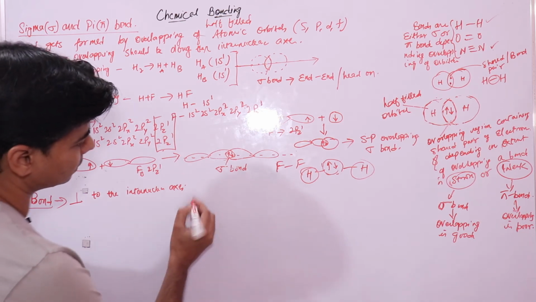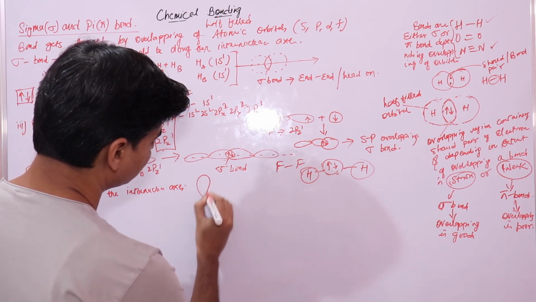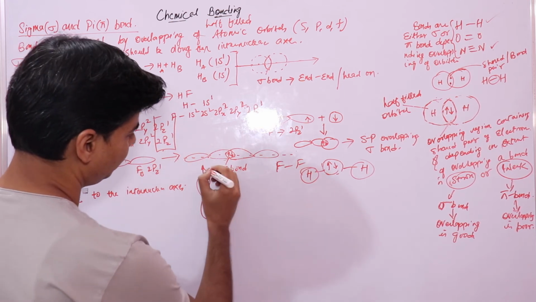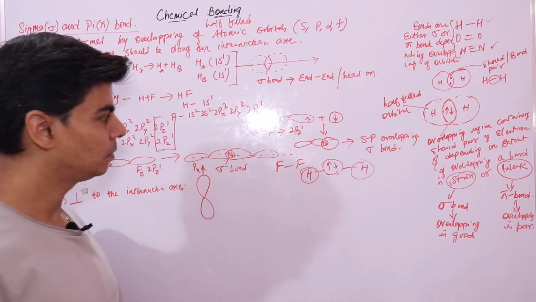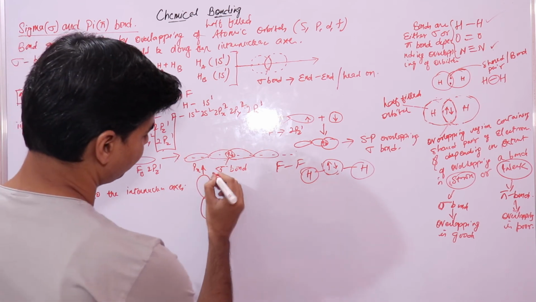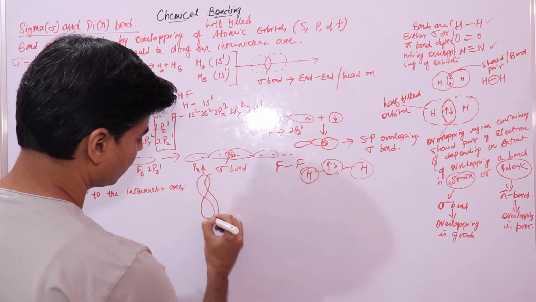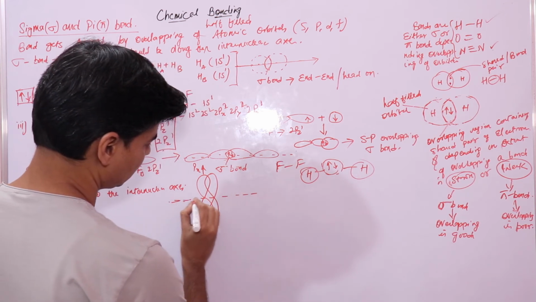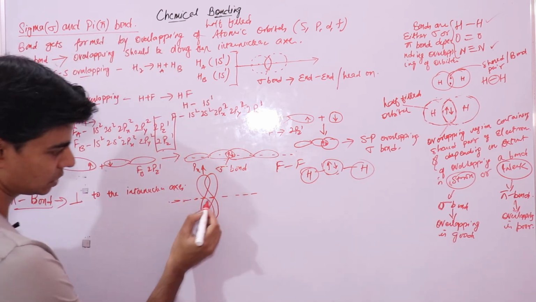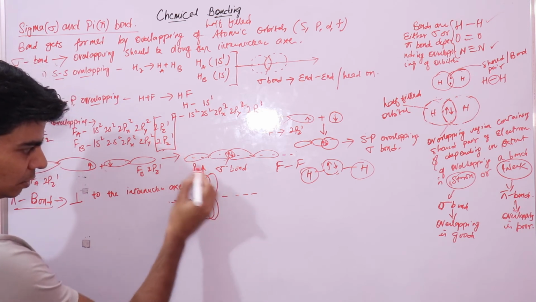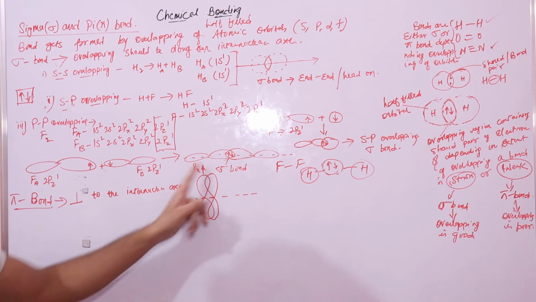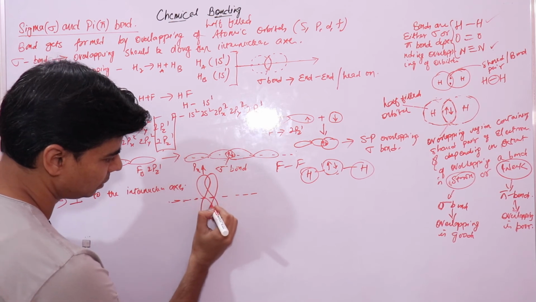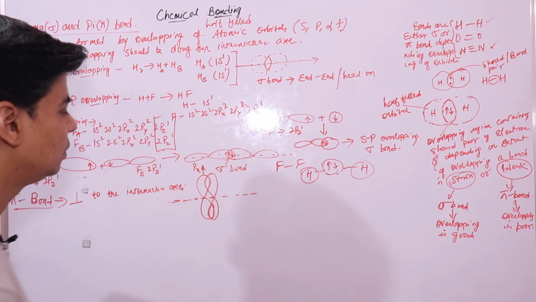So it's like this. This is your p orbital. Suppose this is your px orbital. A px orbital will only overlap with another px orbital. So when it overlaps like this, and this is your internuclear axis, you can see this is perpendicular to the internuclear axis, and this is your overlapping region, above and below the internuclear axis.